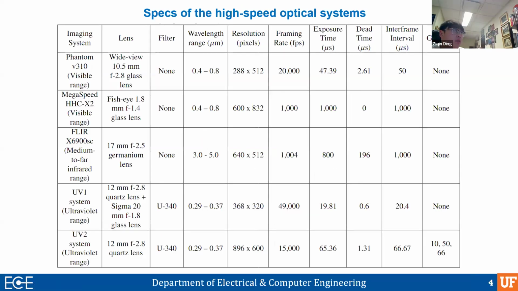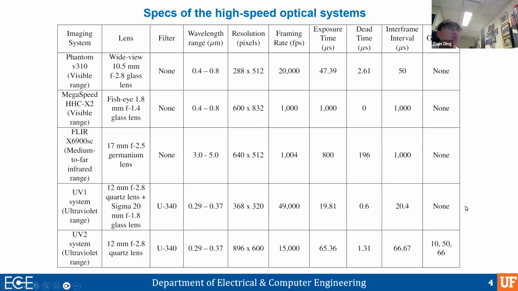Currently we have a total of 5 different high-speed imaging systems. Two of them operate in visible ranges, one in the infrared range, and two in the ultraviolet ranges. They image lightning at different framing rates, and they have different fields of view.